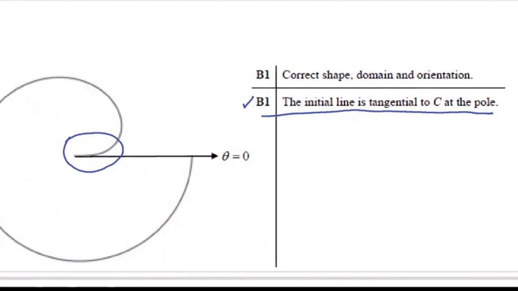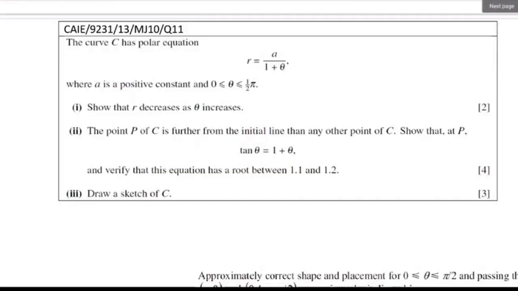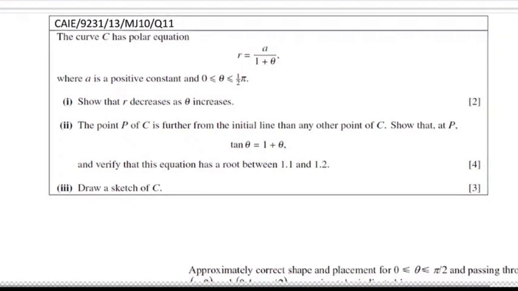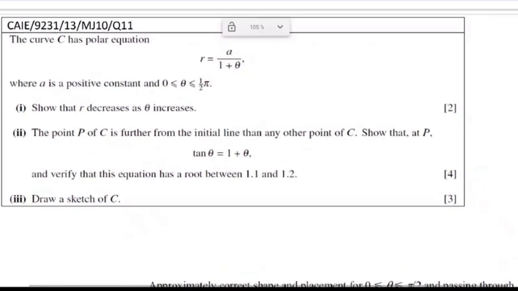The first mark is usually very easy to get: the correct shape, drawing from 0 to 2 pi, and the orientation of the graph. So it's usually the mark about the tangential stuff that is quite difficult for us to get, so we really have to pay attention to this. I guess we will just choose some of the questions to highlight.